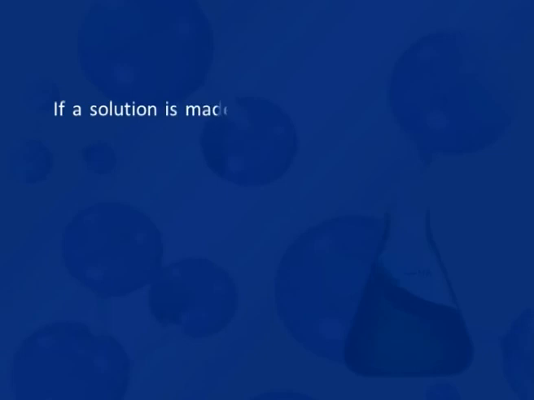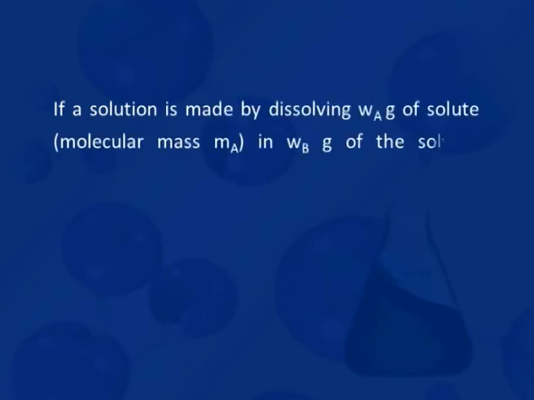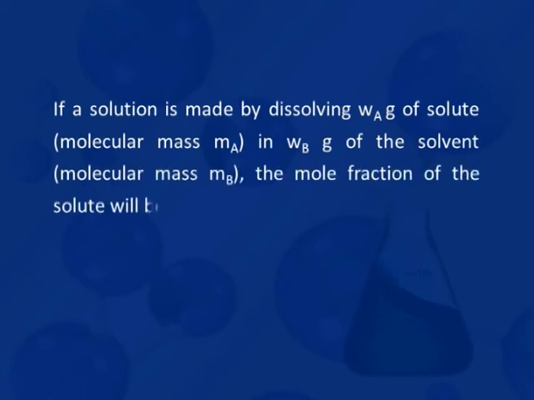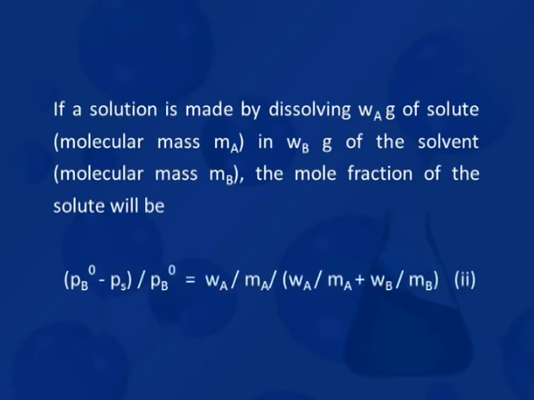If a solution is made by dissolving Wa grams of the solute in Wb grams of the solvent, with Ma the molecular mass of the solute and Mb the molecular mass of the solvent, then the number of moles of solute will be equal to Wa upon Ma and the number of moles of the solvent will be equal to Wb upon Mb.